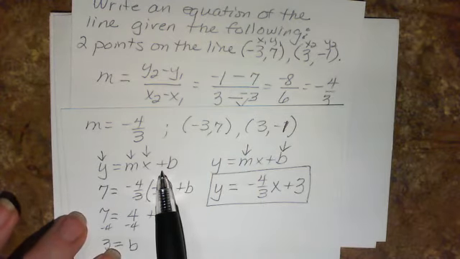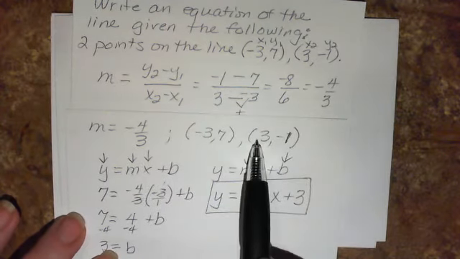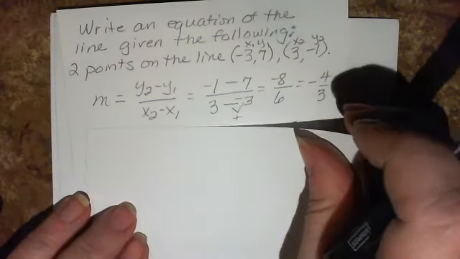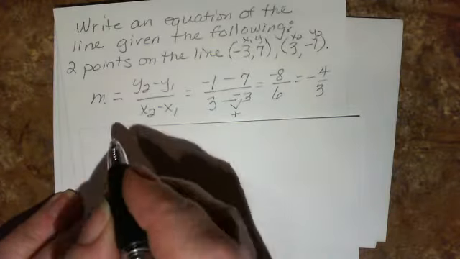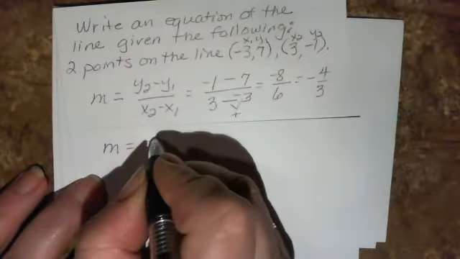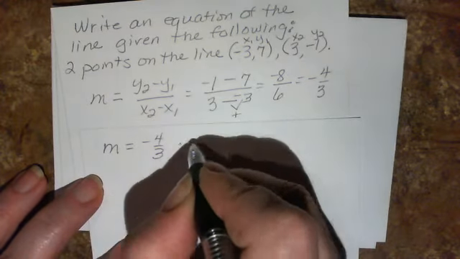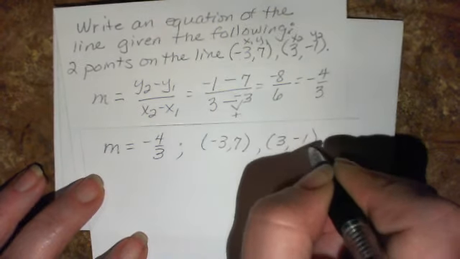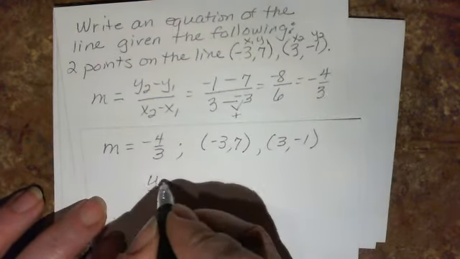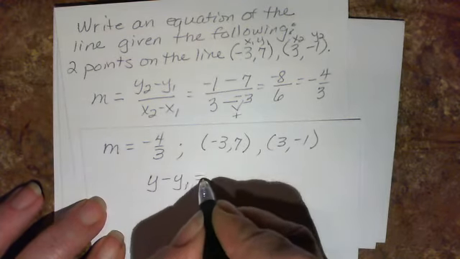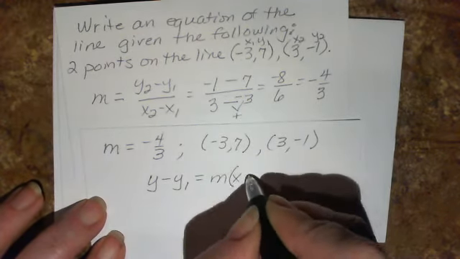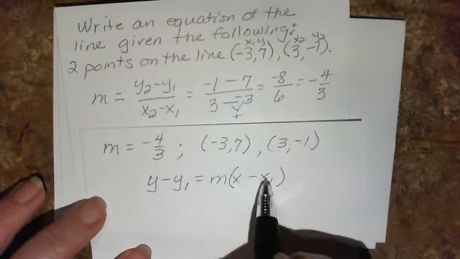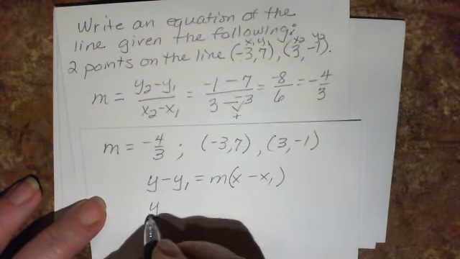Alright, now that's using, remember, the slope-intercept form of the equation. Remember, I could use this information another way. So let's say that I decided to use the other method. I now know the slope is negative 4/3, and I can choose from points negative 3, 7, and 3, negative 1. And let's say I choose to use that information in the point slope form. Y minus y1 is equal to m times x minus x1. And remember, I can choose either point for my x1, y1 values.